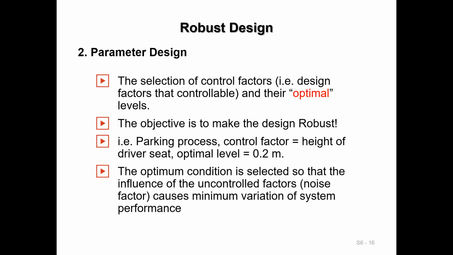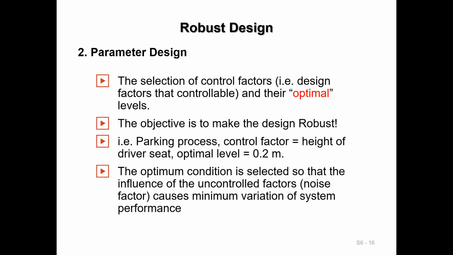The system of parking a car into a parking lot requires a car, so I need to select a car. It also requires a driver, so I need to select a driver. So I selected that. But coming to the detailed example, what are the parameters that I should control on the system that's selected?